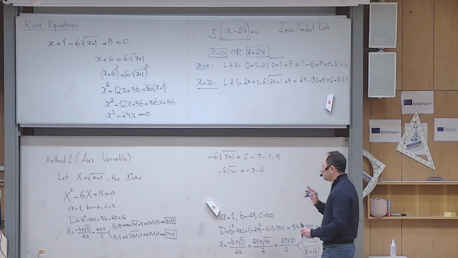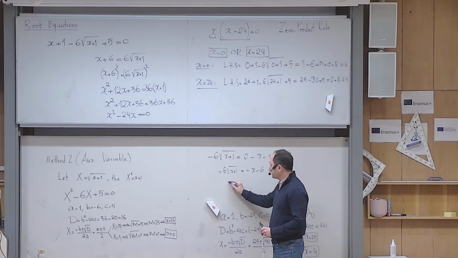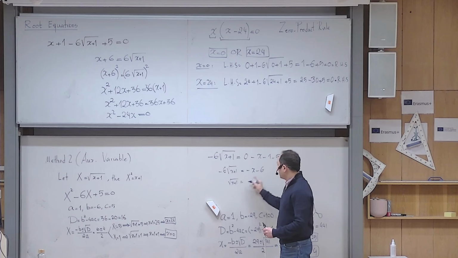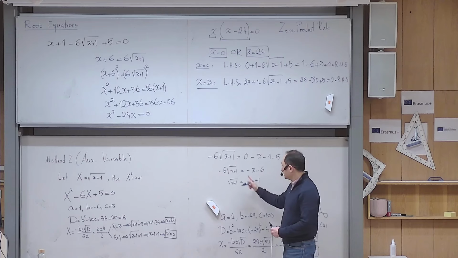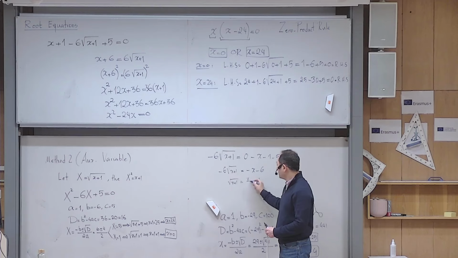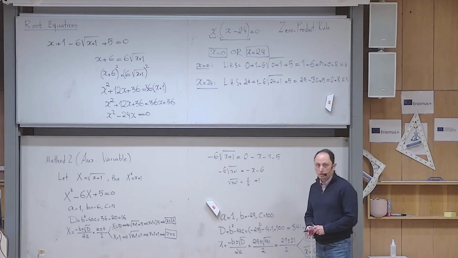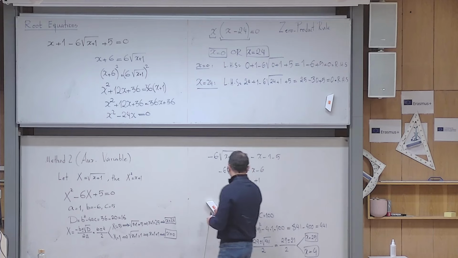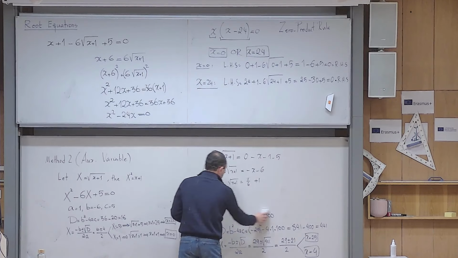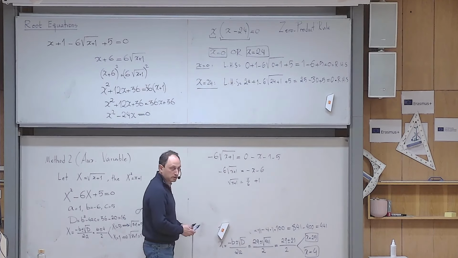If you divide by minus 6, this becomes square root of x plus 1, and this one becomes plus 1. But this one also should be divided. Did you do that? Okay, so it becomes x over 6. I don't like it because you are making trouble by making fractions, but it should work. It is not wrong. Let us see why it works.